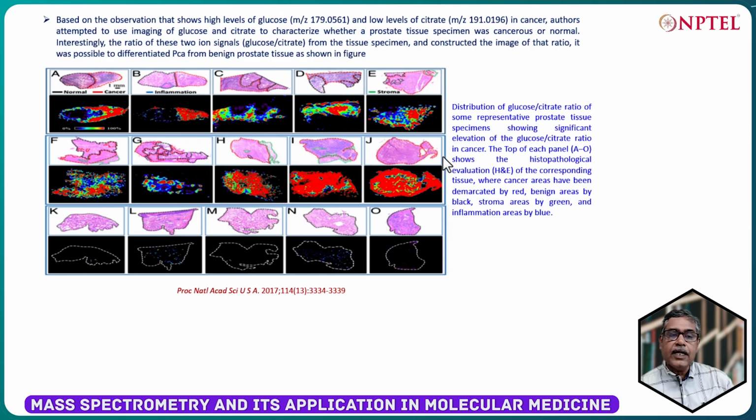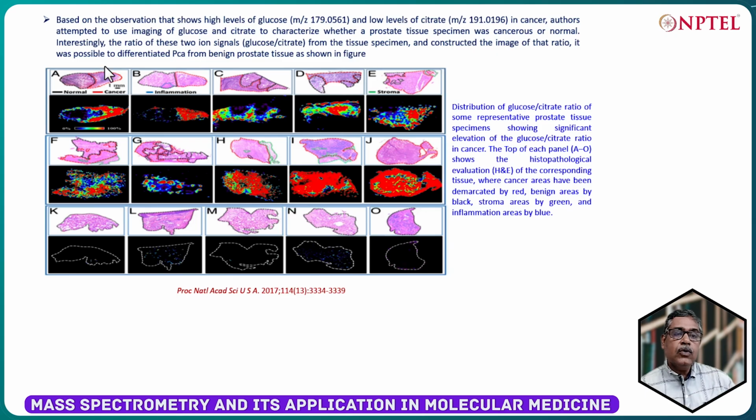The top of each panel, A to O, represents H&E stained tissues, the histopathological evaluation of the corresponding tissues, where cancerous areas are demarcated by red, benign areas by black, stroma regions by green, like here, here, and here, and inflammation areas by blue.